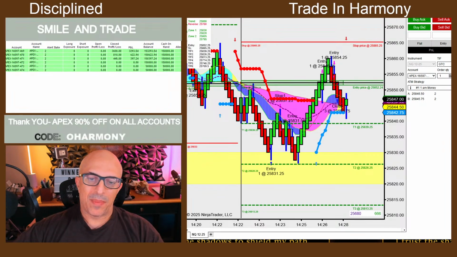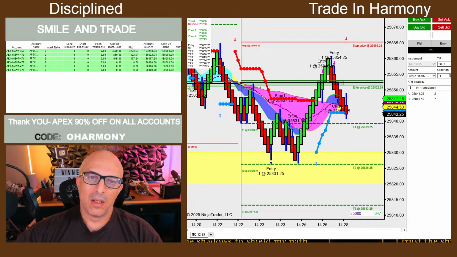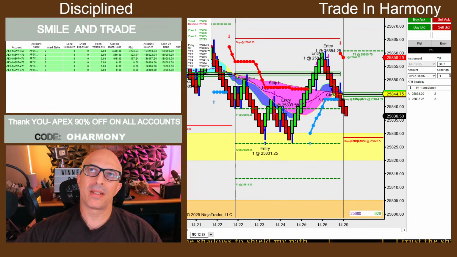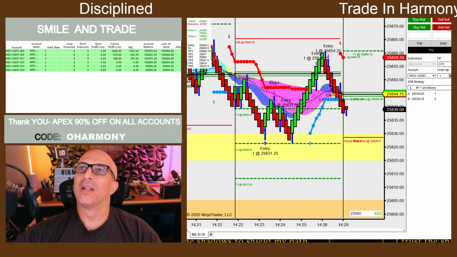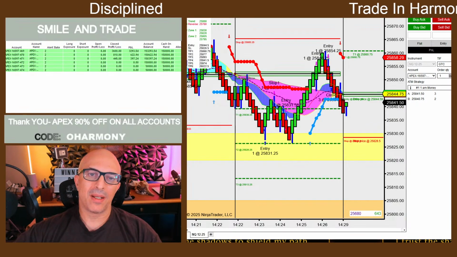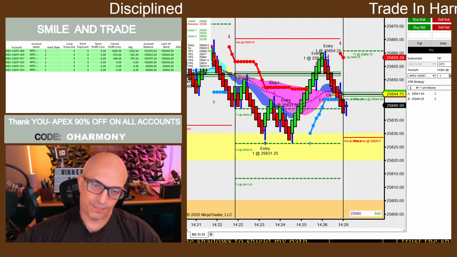The captain setup is still intact. I mean, you break 29, I'm gonna have to get super aggressive. Look at this thing. It's gonna go there too. You break 29, I'm gonna have to get aggressive short.